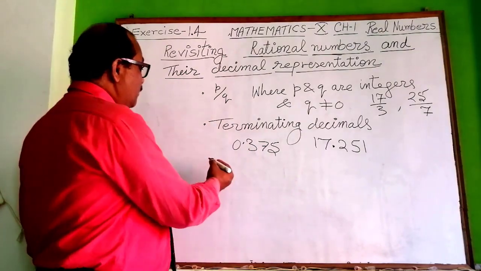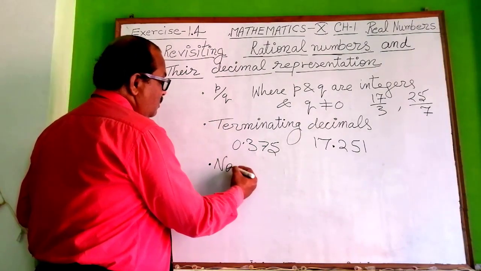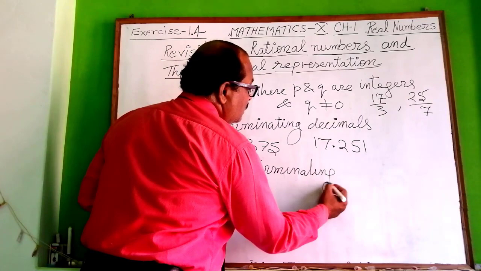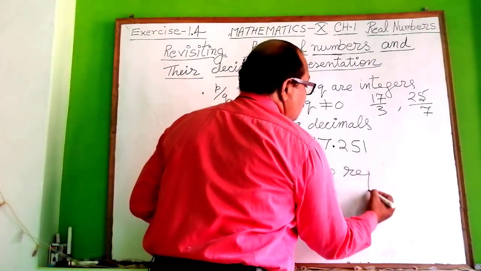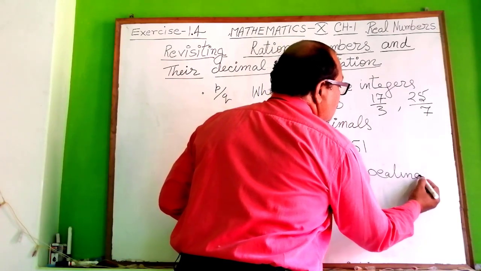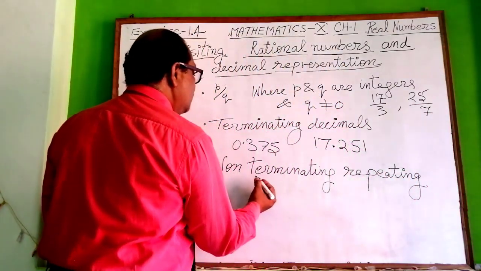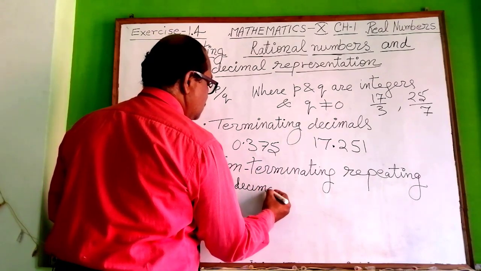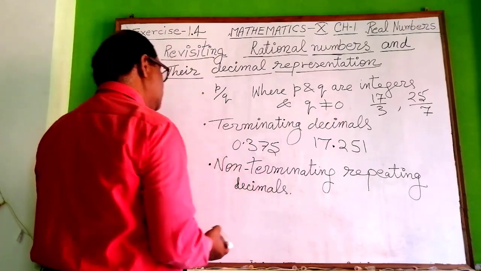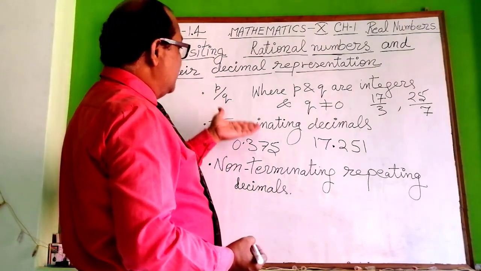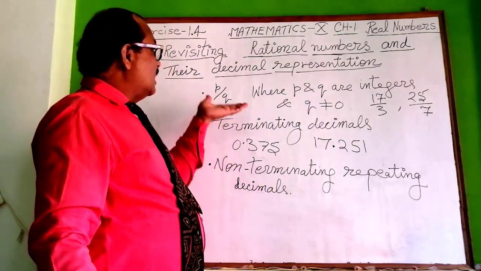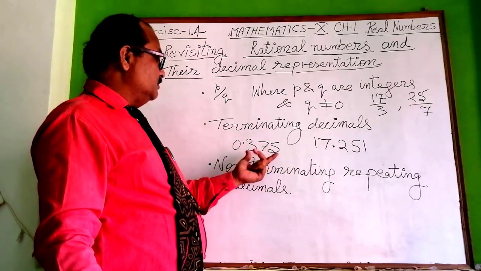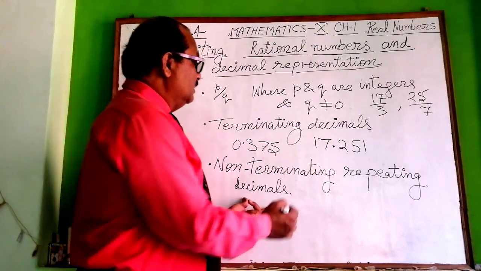Now one more type of number also, those are non-terminating repeating decimals. So you can see there are 3 types of rational numbers, either in the form of P upon Q or in the form of terminating decimal or non-terminating repeating.